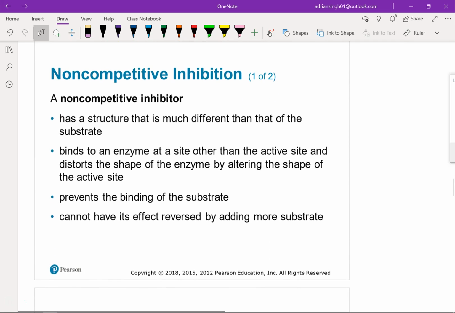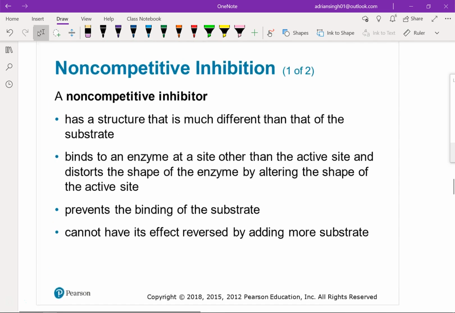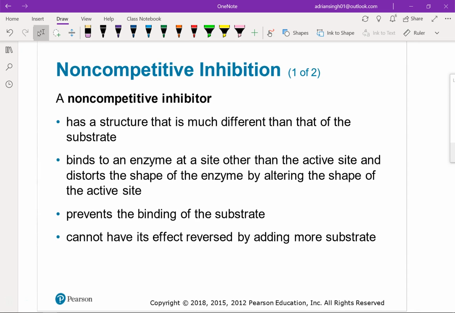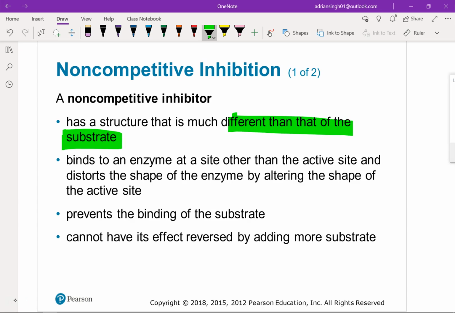The second type of inhibition is known as non-competitive inhibition. In a non-competitive inhibitor, this molecule is going to have a structure that is different than that of the substrate. The reason why it doesn't need to be the same structure as a substrate is because of what it does.